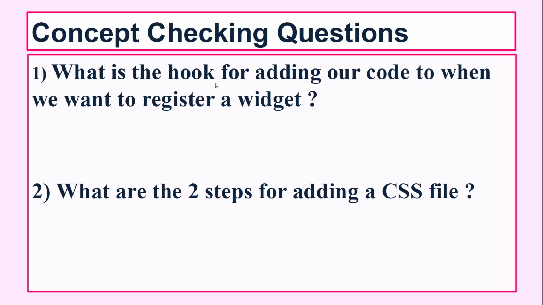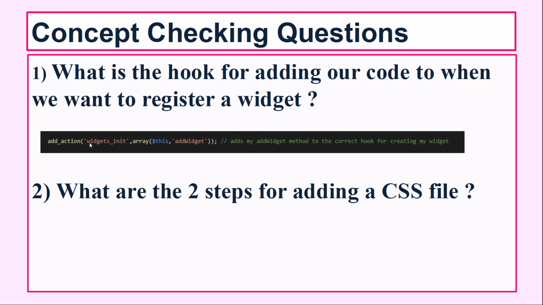So what is the hook for adding our code when we want to register a widget? So hopefully you've put widgets init or initialize. So remember, when we want to do this, we have to use the method add action, and then the first value is our hook. This is where we're attaching our code.